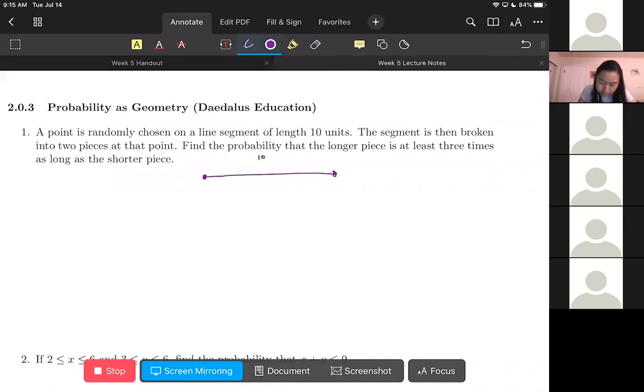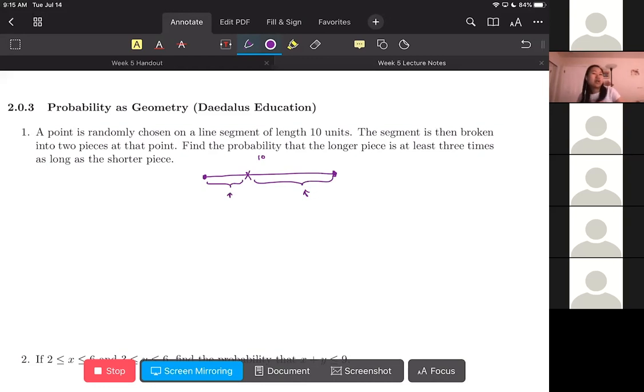This is 10 units total. Then we pick some point on the line segment. We divide that into 2 different line segments. And the problem wants us to calculate the probability that the longer piece, in this case, this one, is at least 3 times as long as this piece.